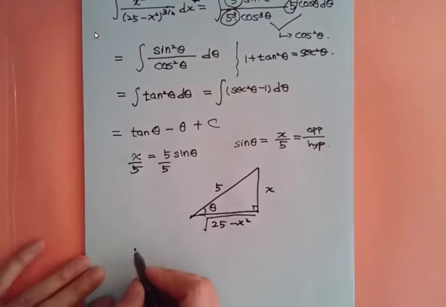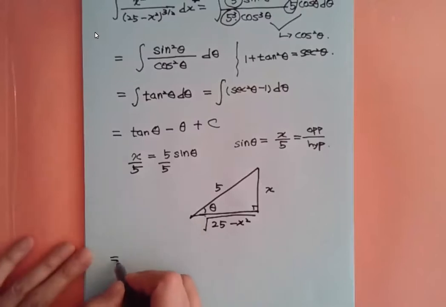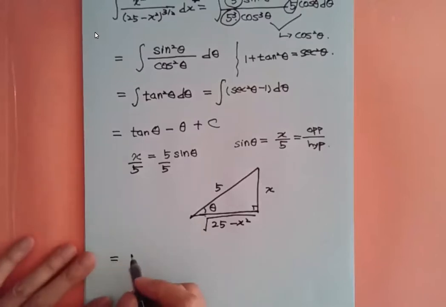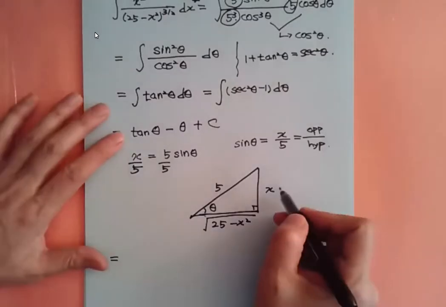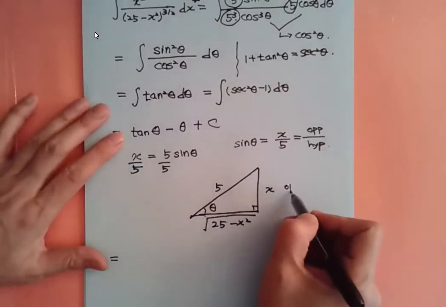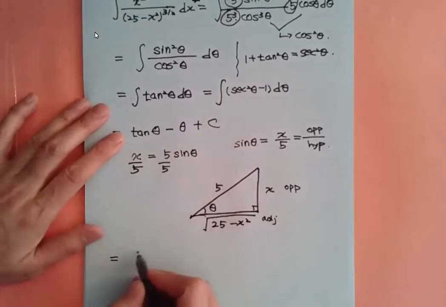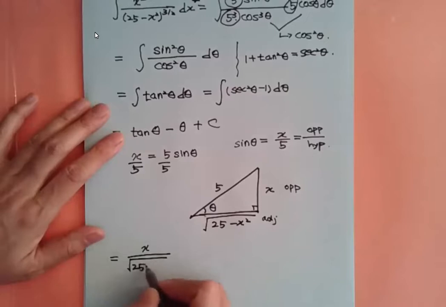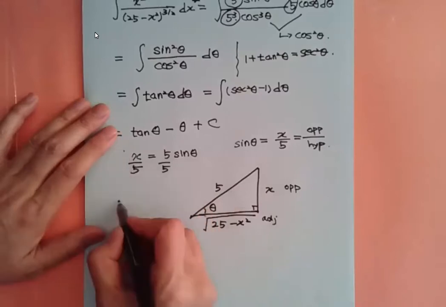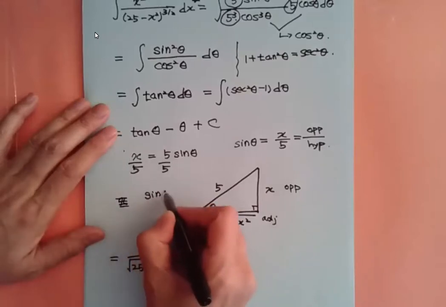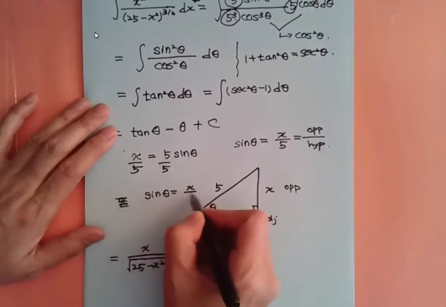Okay, so now we can do substitution. Here, tangent is opposite over adjacent. So opposite is x over adjacent is square root of 25 minus x squared. And we know sine of theta equals x over 5.